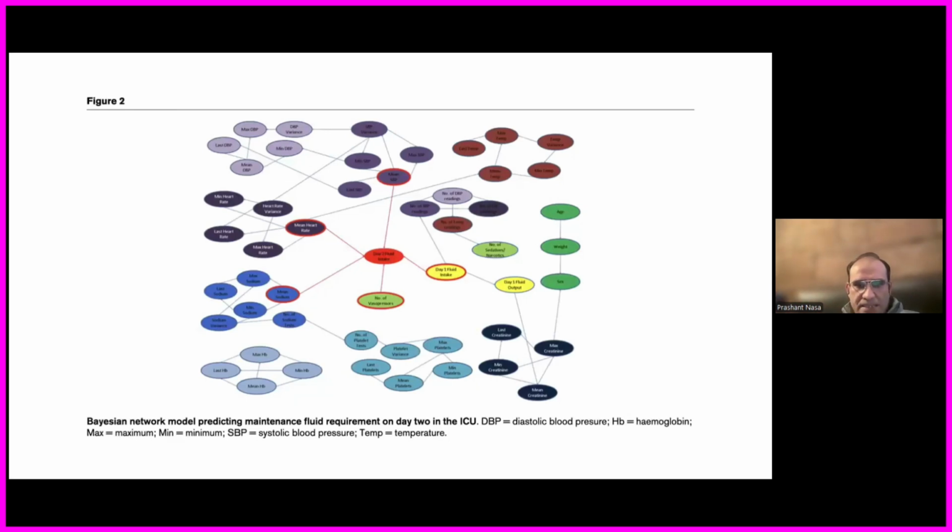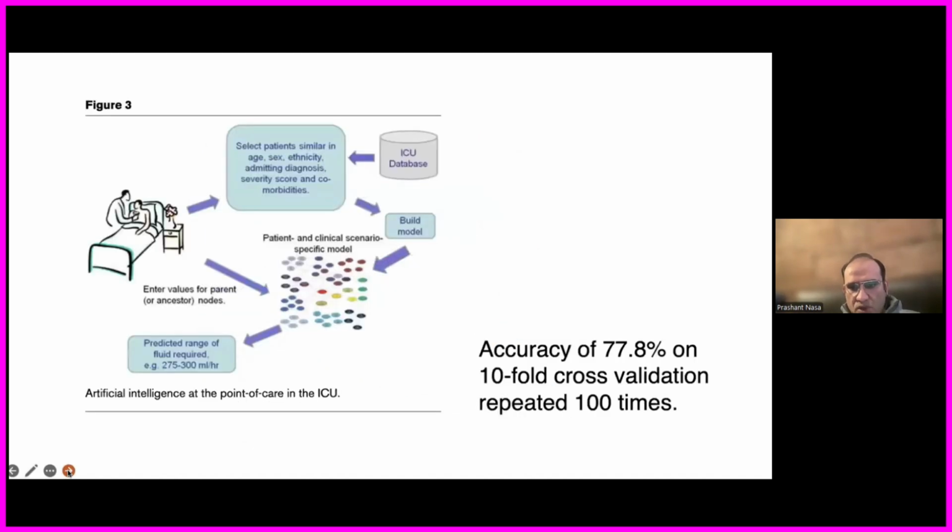Sorry for this busy slide, but this picture shows the complex information used by this artificial intelligence model, where they integrate complex physiological information along with the history. They looked at a small cohort of patients with certain age, sex, and ethnicity from an ICU database and built this model, which was further tested in a larger cohort to predict fluid requirement in these patients.